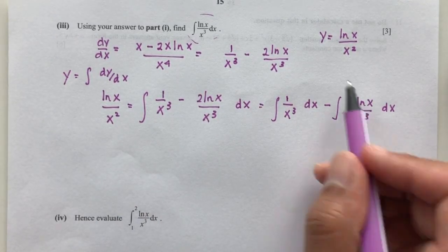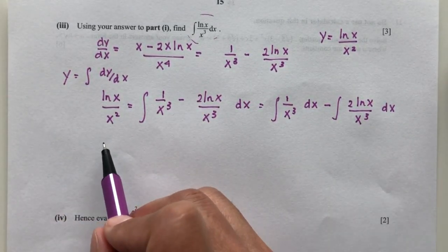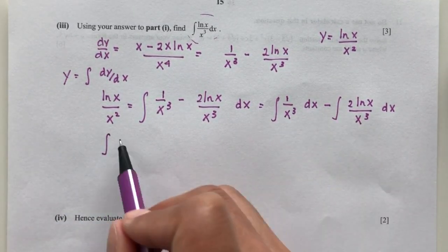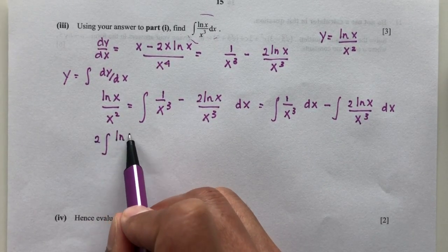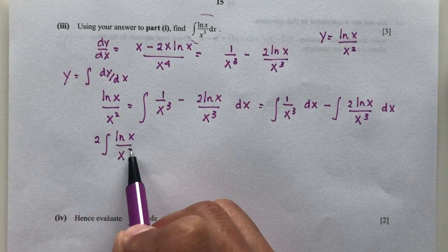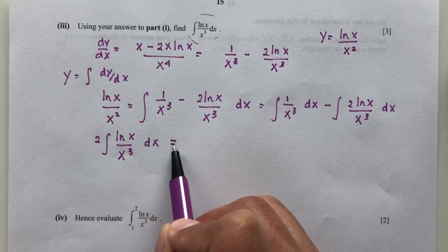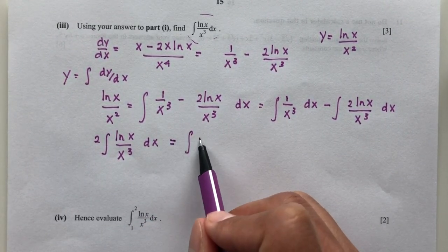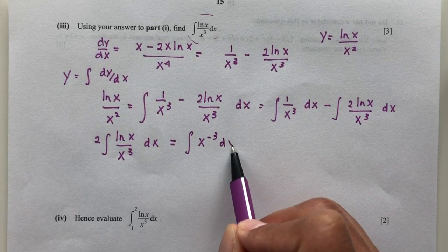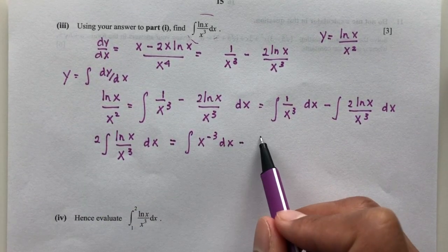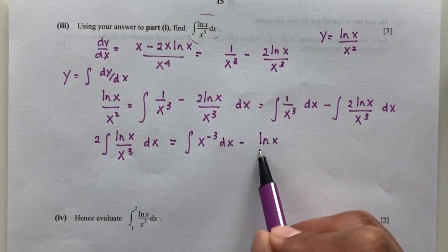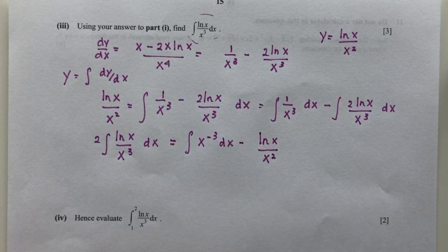So we send this on this side and this on this side. You will have positive 2 outside, the integration of ln x over x power 3 dx equal to this one, the integration of x power minus 3 dx minus ln x over x power 2.